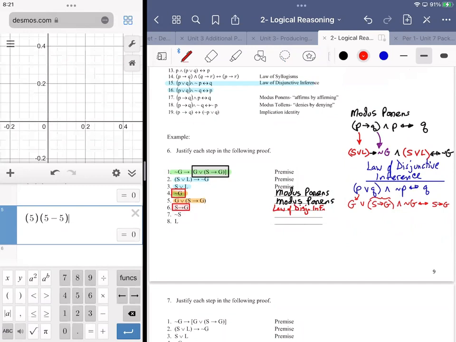So we have modus tollens, which tells us that if you have P implies Q and not Q, then that's equivalent to not P. Here I have S implies G and a not G. I wrote a Q for some reason.